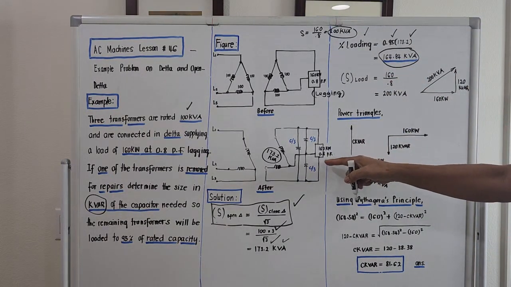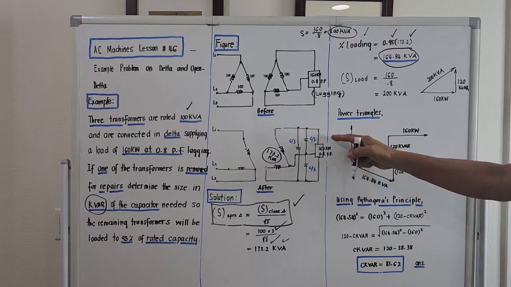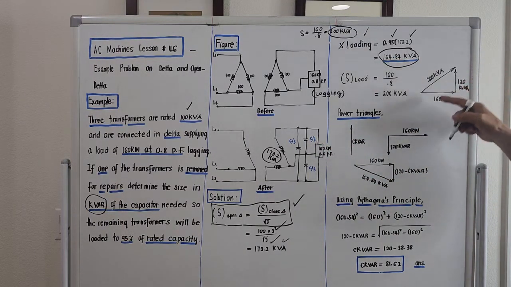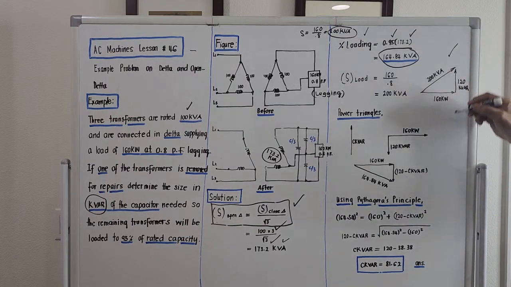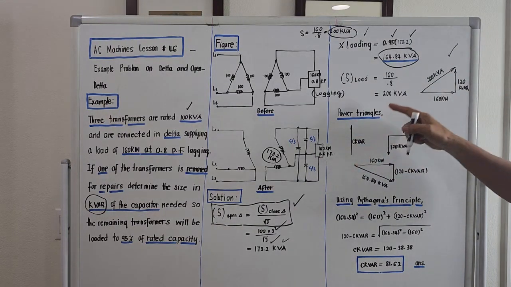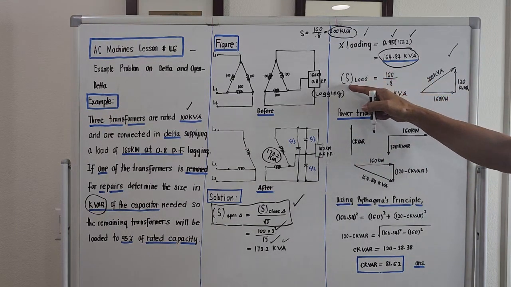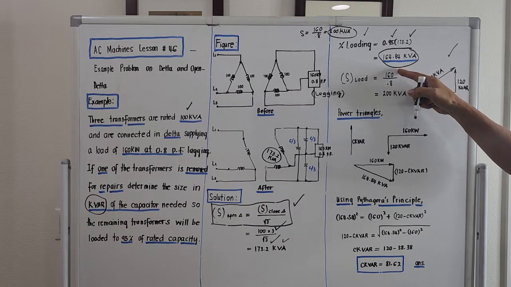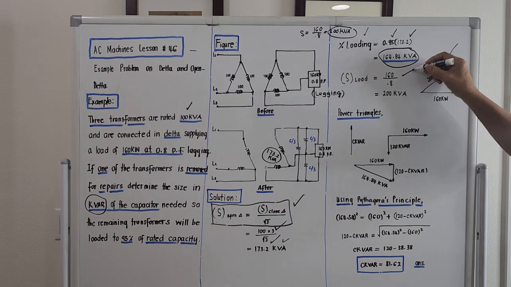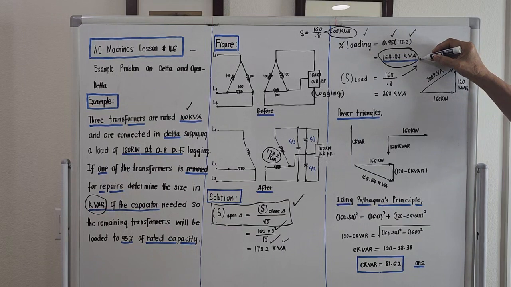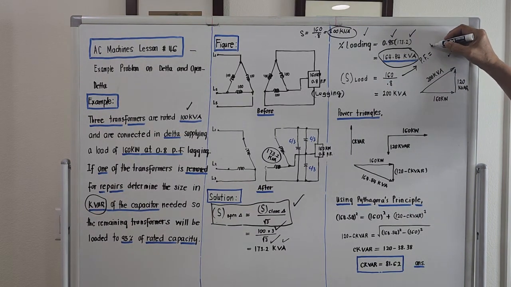If we bring out the power triangle of the three-phase load, it is this, right? Apparent power will be 160 kilowatt over 0.8. This formula emanates from power factor equal to kilowatt over kVA.